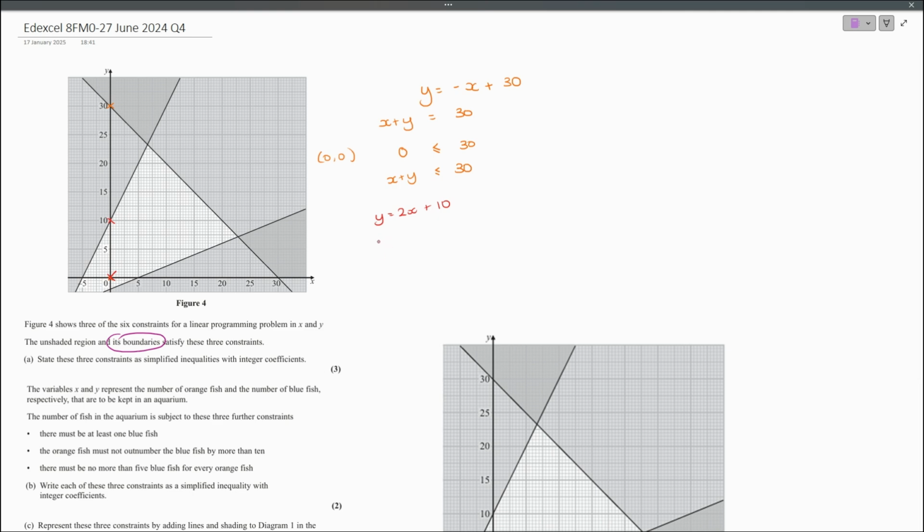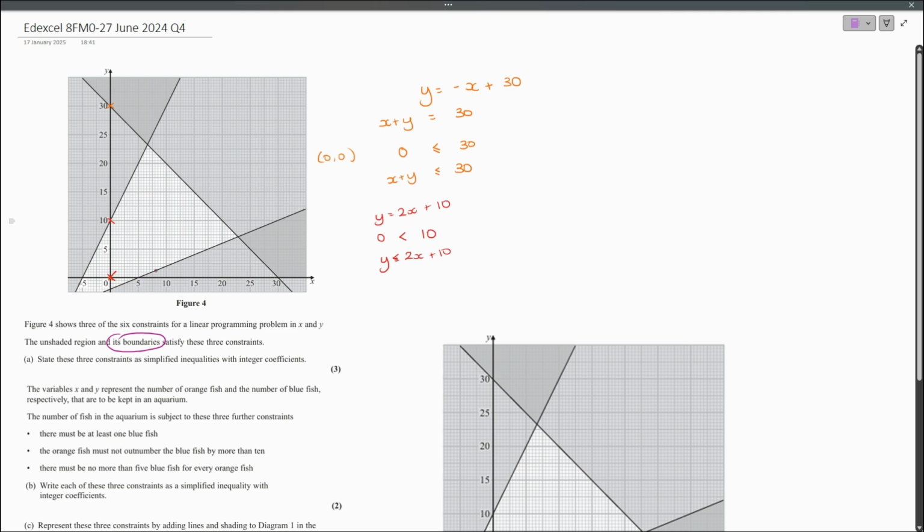So if I substitute in the origin, it is in the feasible region, and I'm going to get that 0 is some inequality to do with the value 2 times 0 plus 10, which is 10. And I know that 0 is less than 10, so I'm going to combine this inequality with this equality. I'm going to end up with y is less than or equal to 2x plus 10.